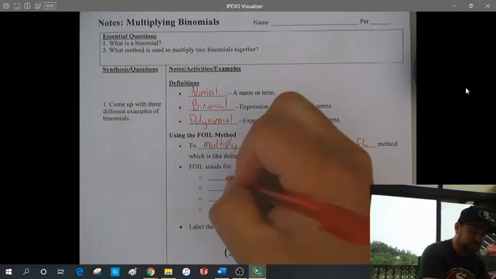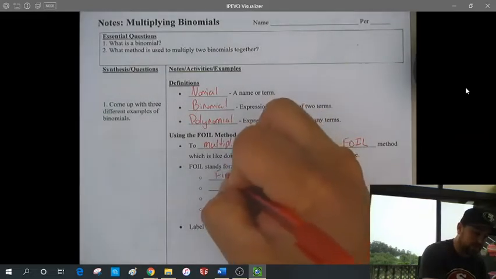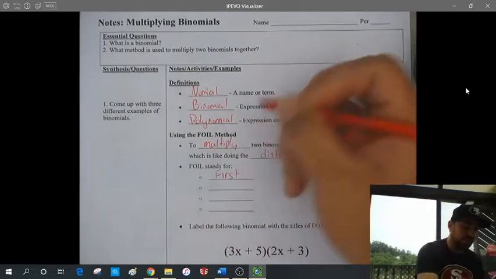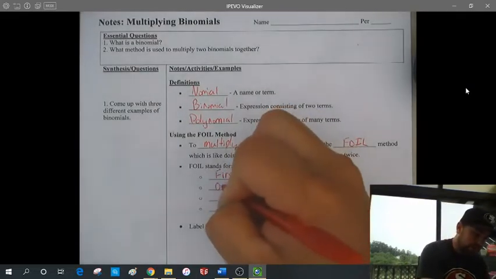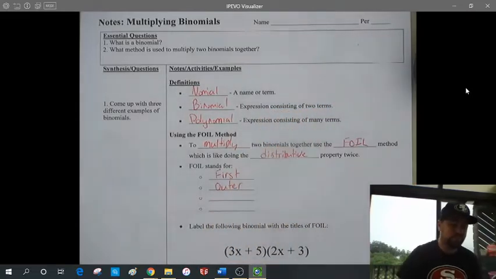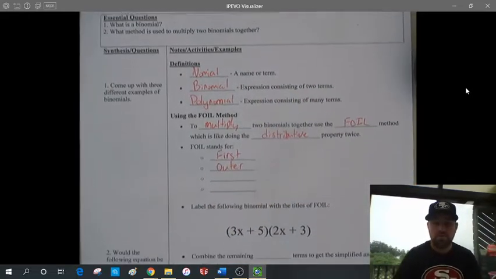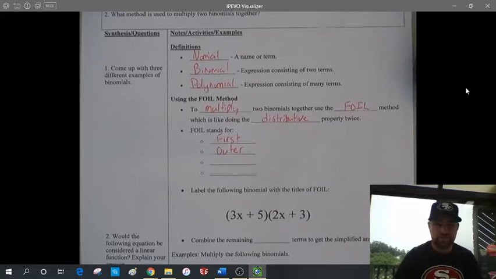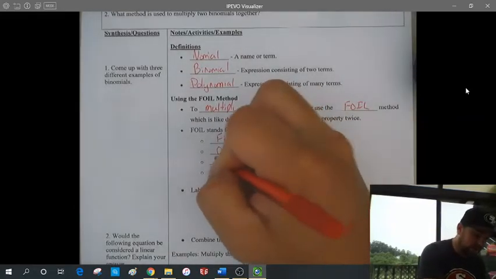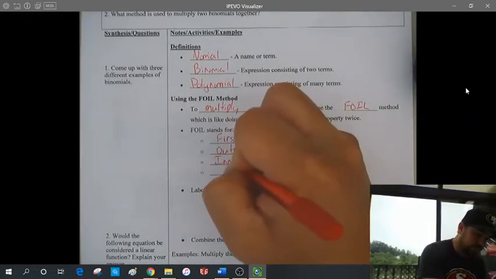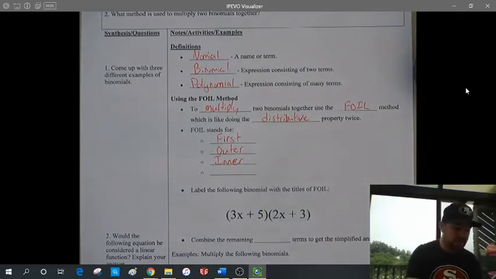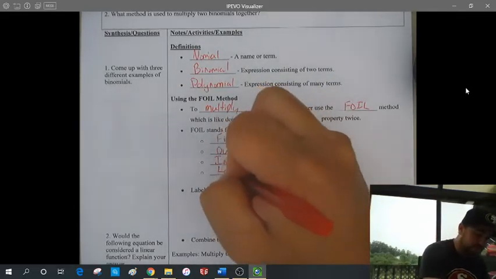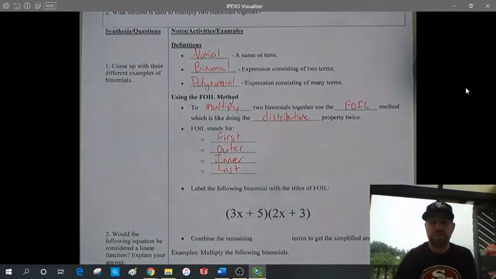The F in FOIL stands for first, in which case we're going to be multiplying the first terms in each of the binomials together. Then O is for outer, so the outer two terms get multiplied together. I is for inner, so the two inside terms, we multiply those. And then L is for last, meaning the last two terms in each.